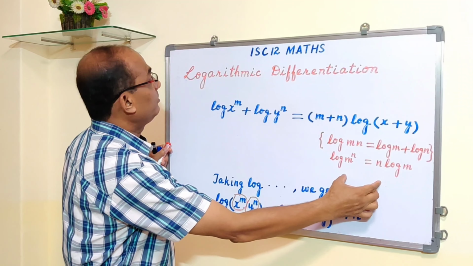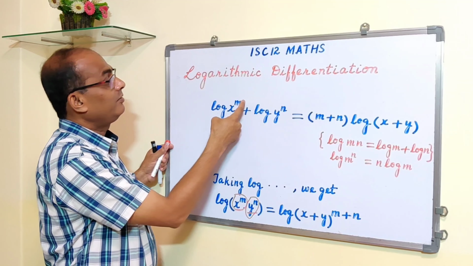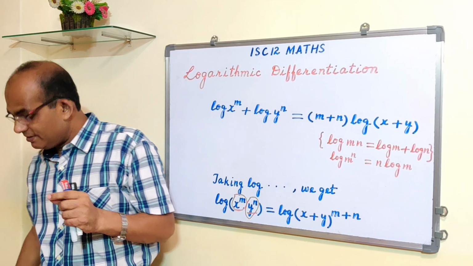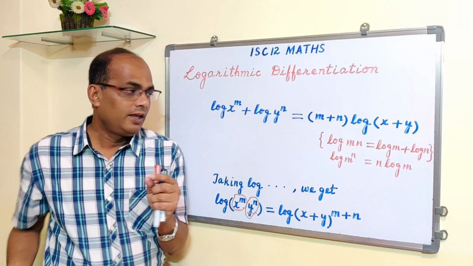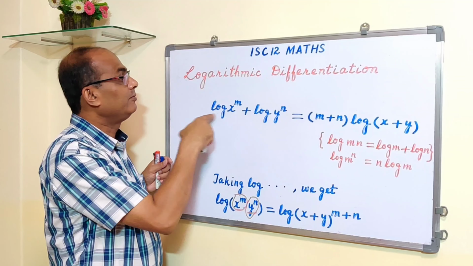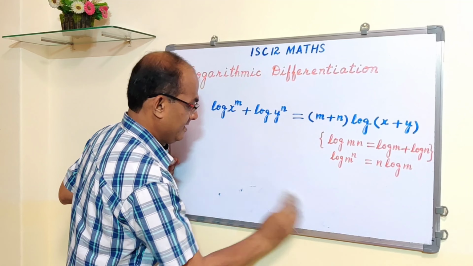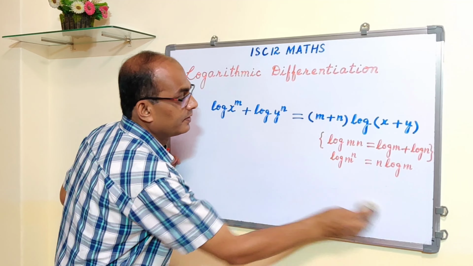Again, this formula we are going to use here. So next step will be m log x, and this will be n log y. I didn't do it in one step. We could have written that also, m log x, but I didn't do so that you understand. Clear?